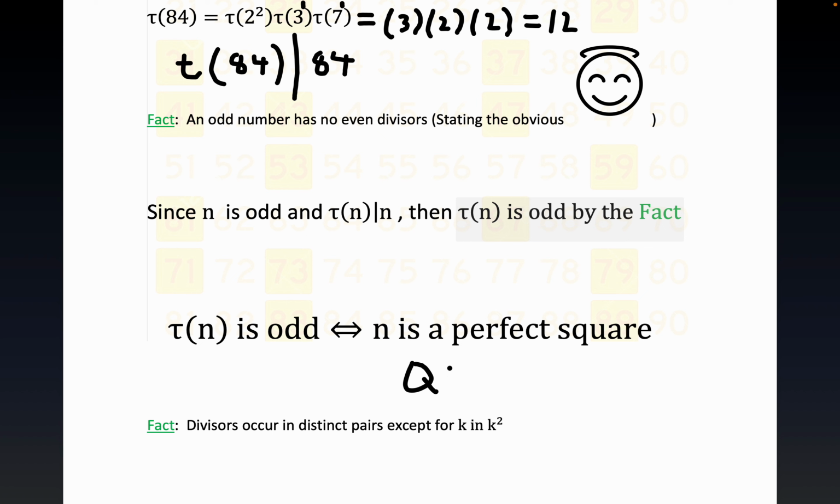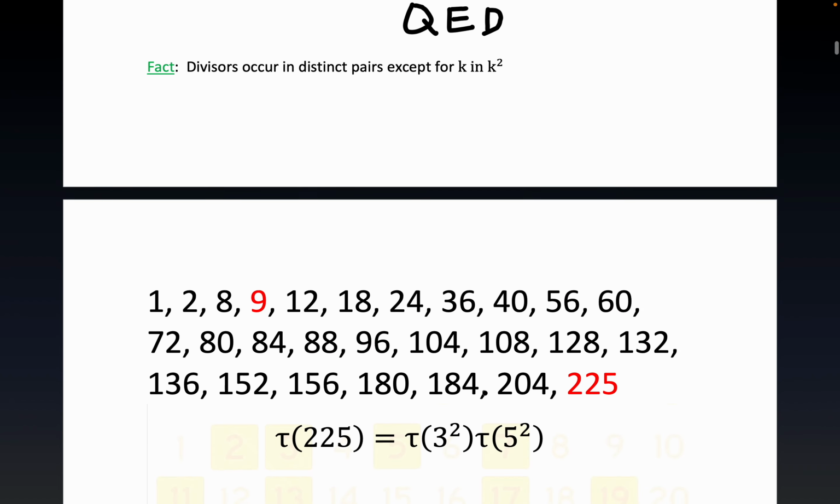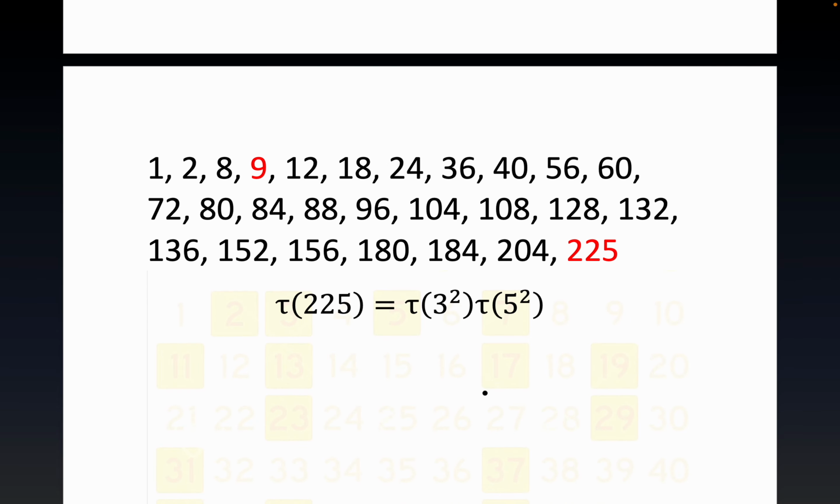Okay. Now, y'all, we have proven the result, and let's take a look at a list of some of these guys. So these are the first few tau numbers. Now, notice 9 is pretty easy to see, right? Notice that tau of 9 is 3.